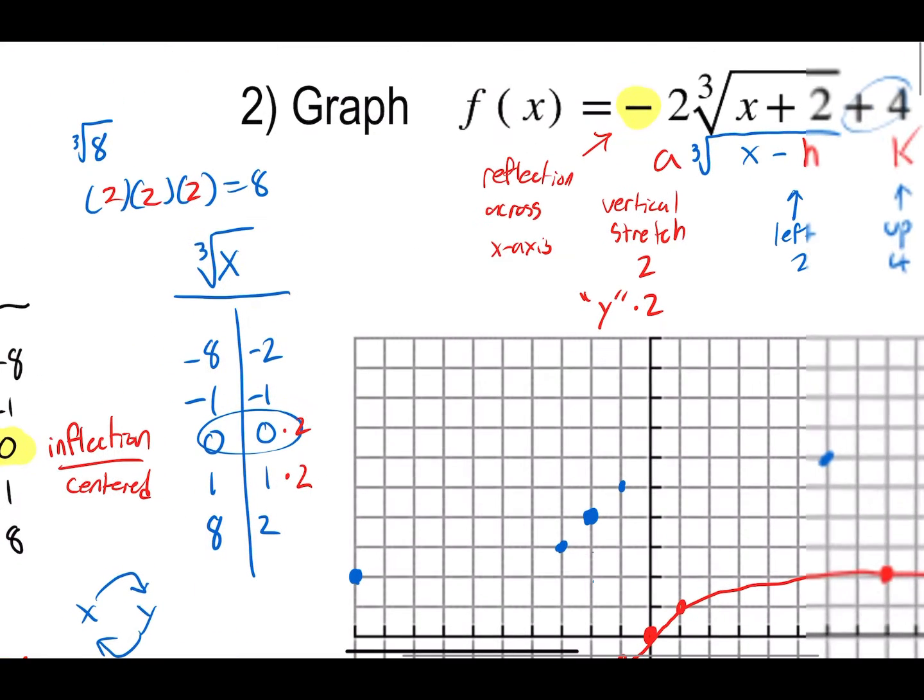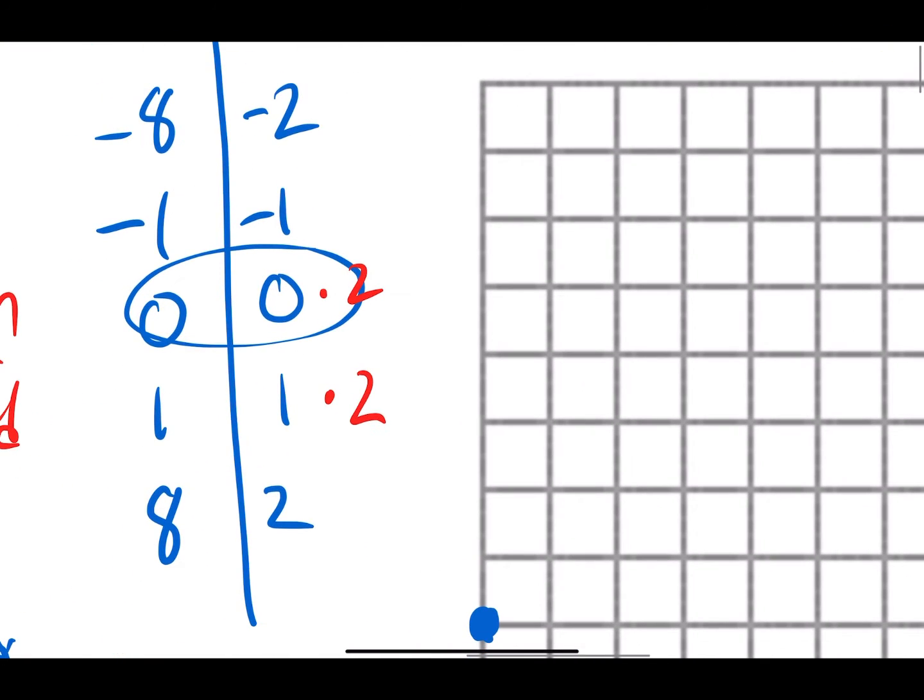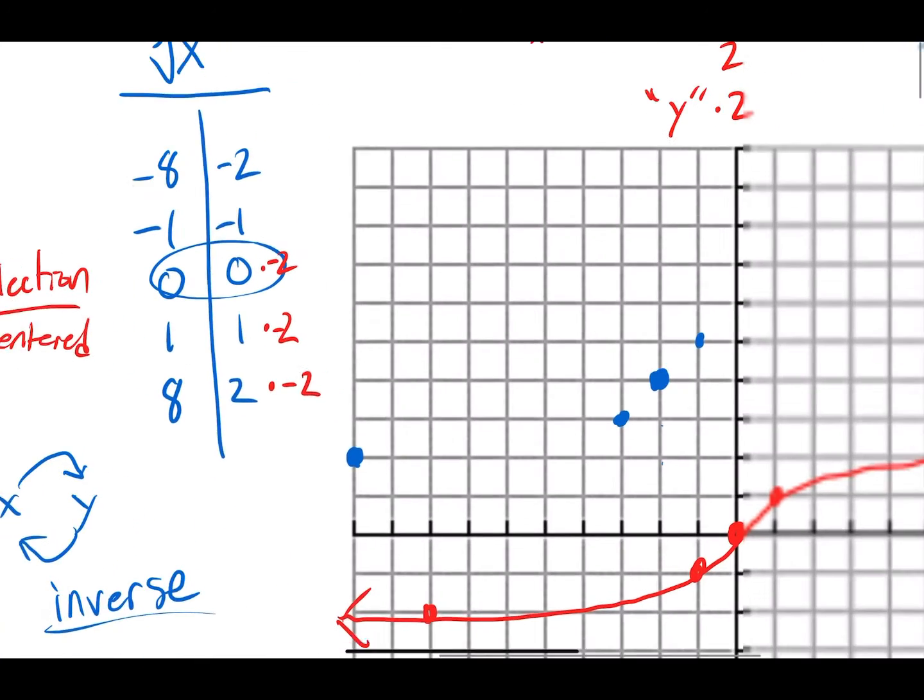But remember, we're reflecting it as well, so we might as well get that out of the way. We're going to multiply it by -2. So right 1, down 2. Right 8, down 4, because -2 times +2 will give us a -4.